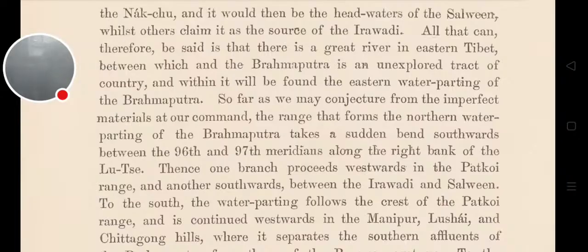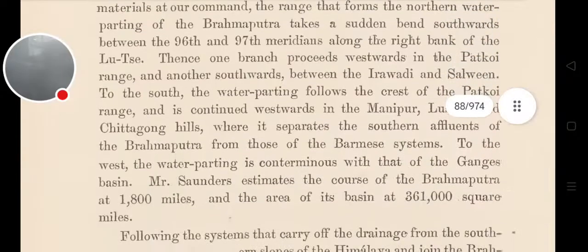So far as we may conjecture from the imperfect materials at our command, the range that forms the northern water parting of the Brahmaputra takes a sudden bend southwards between the 96th and 97th meridians along the right bank of the Lutse. Thence, one branch proceeds westwards in the Patkoi range and another southwards between the Irrawaddy and Salween.